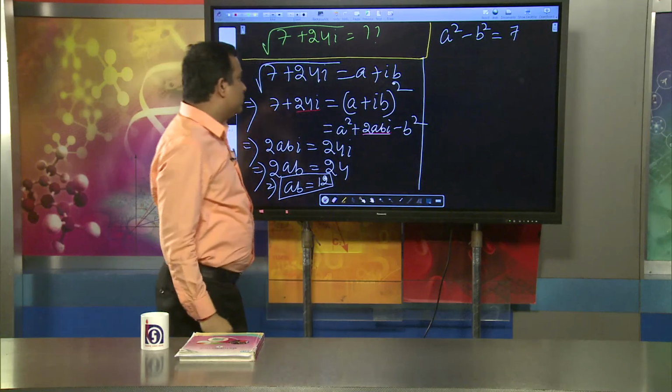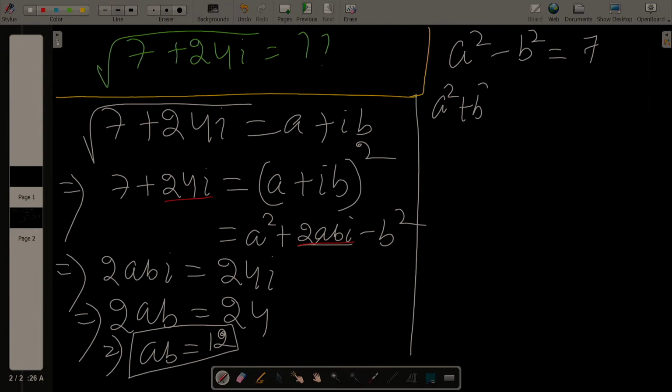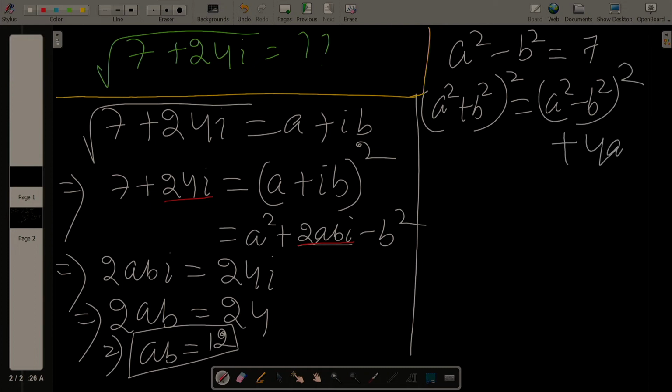Suppose we would like to take (a square plus b square) whole square. You already know the formula: (a square plus b square) whole square is equal to (a square minus b square) whole square plus 4a square b square.